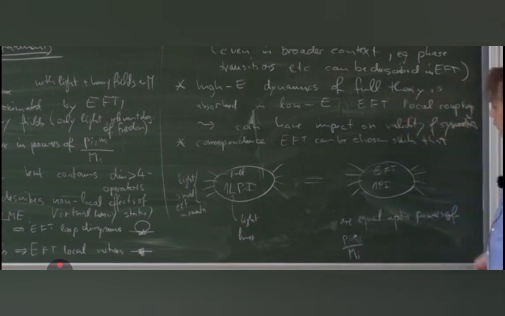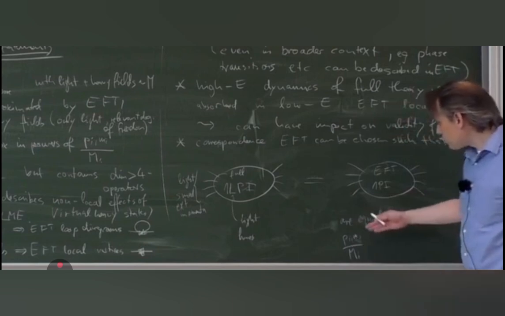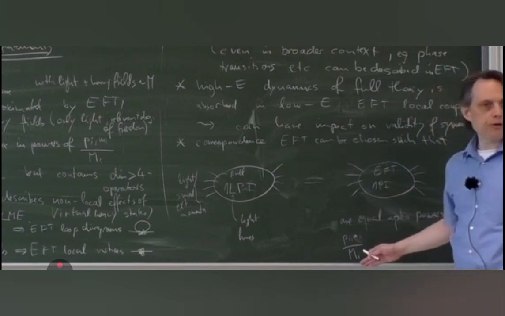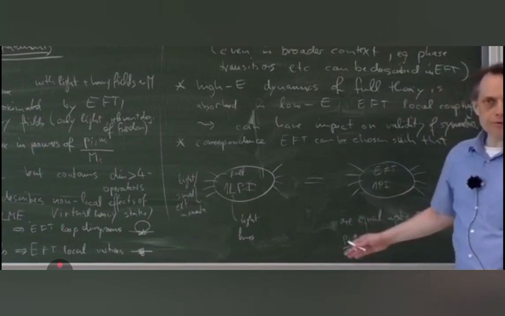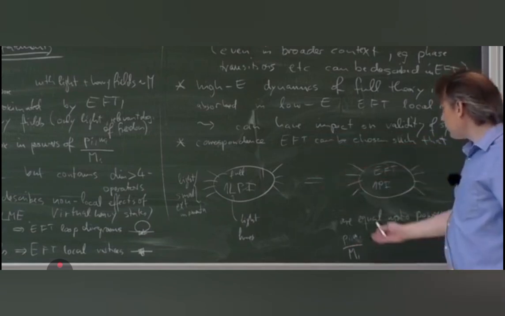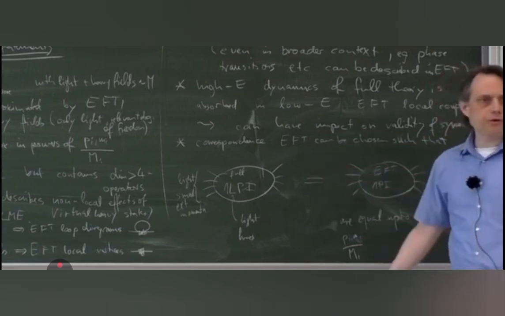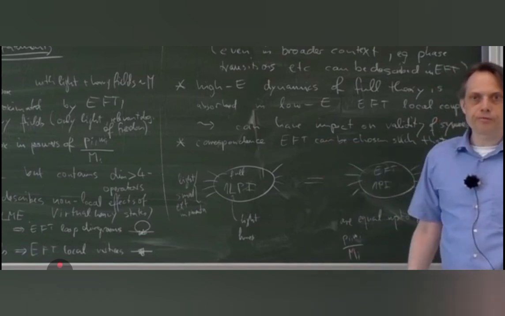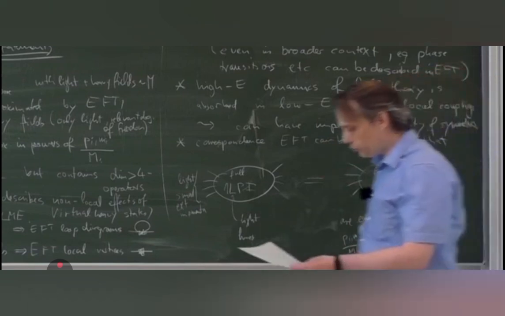So we can achieve an equality up to any desired order, but in the EFT we will always truncate at some particular order, and then we can achieve the equality up to this order that we have decided to use.